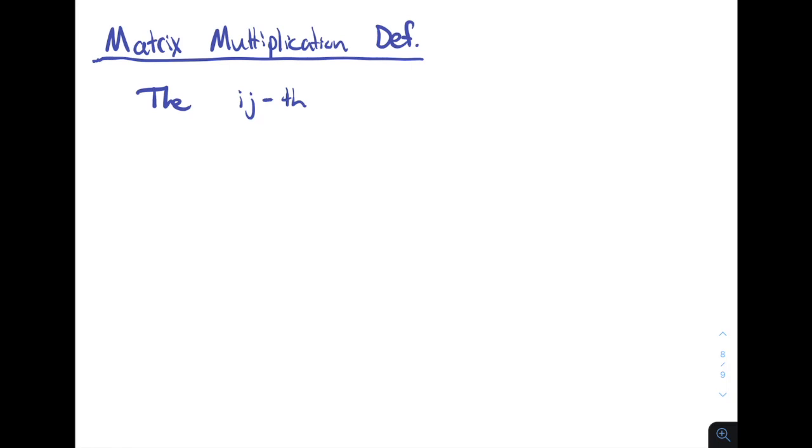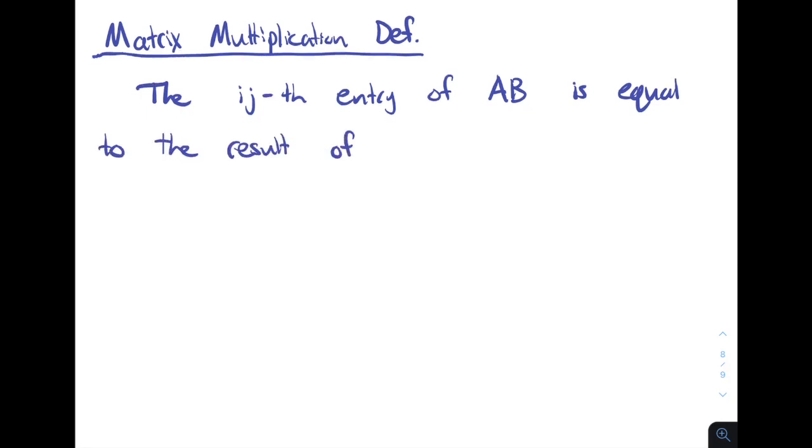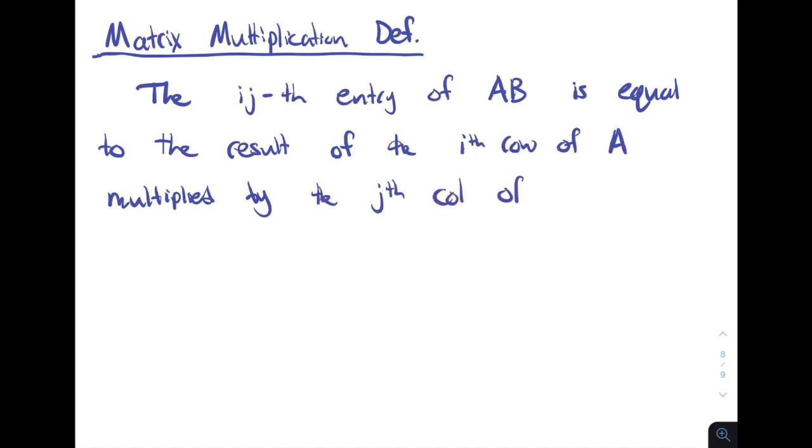The ijth entry of AB, which is to say the element that lives in the ith row and jth column of the product of the matrices A times B, is equal to the result of the ith row of A multiplied by the jth column of B.